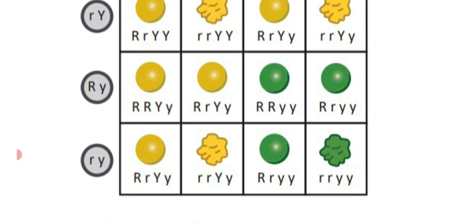Round green, what is that one? This is the newly formed recombination. That is the advantage of the dihybrid cross. That means when you are crossing 2 pairs of contrasting characters, we will get 4 types of plants. That cross is known as the dihybrid cross.